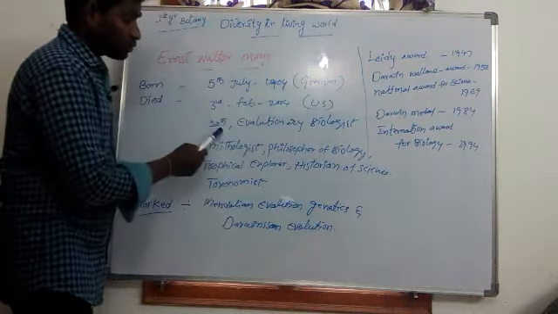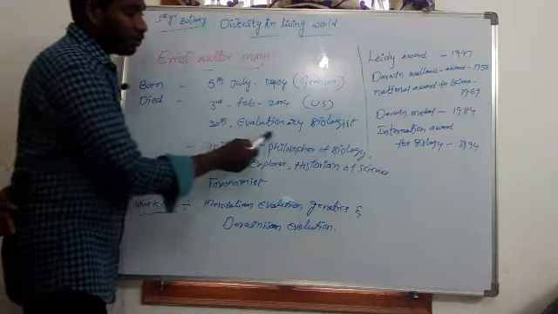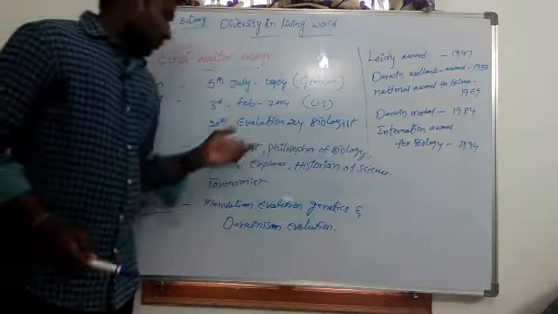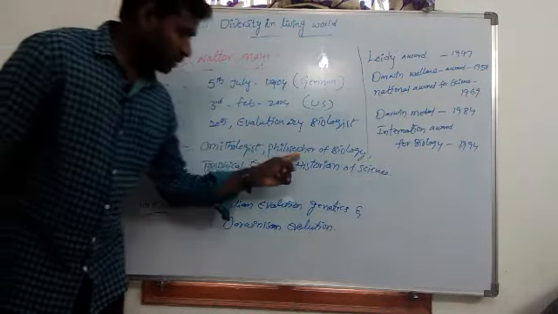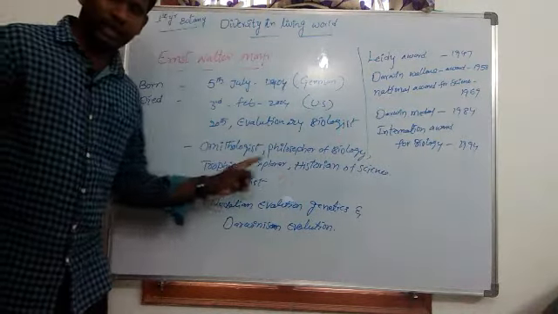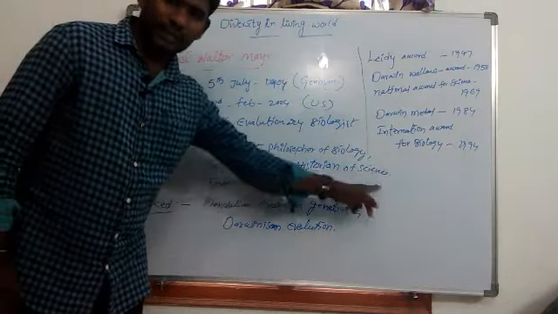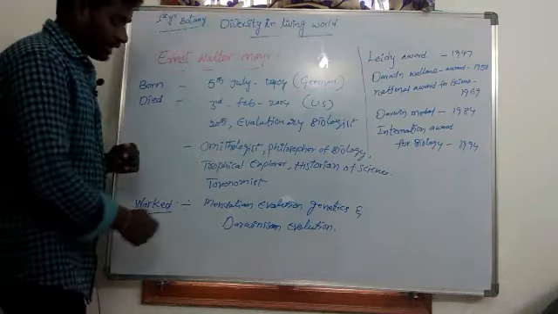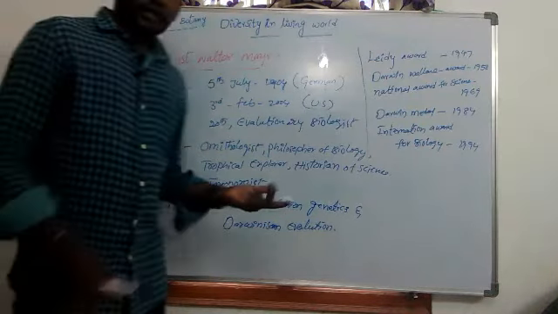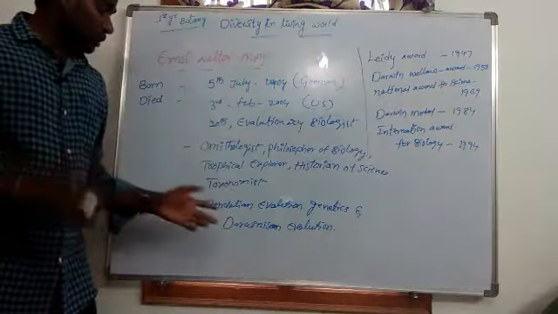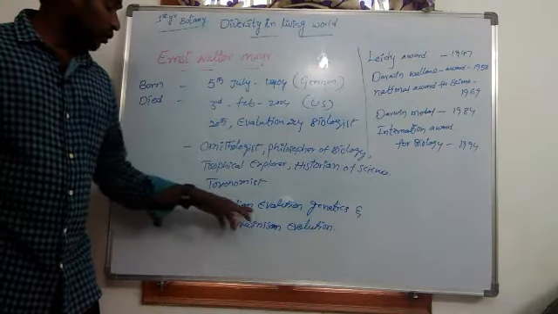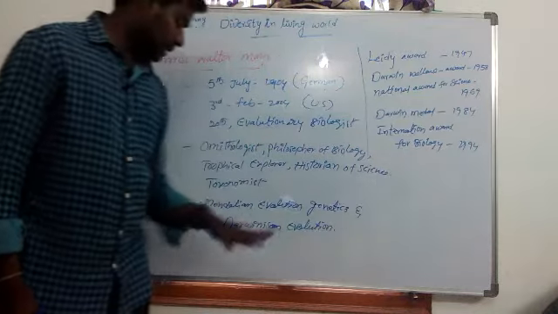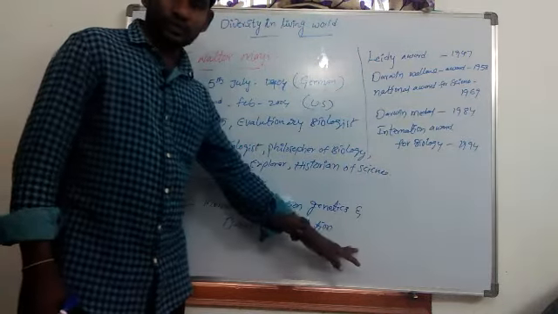He was a 20th century evolutionary biologist, also an ornithologist, philosopher of biology, tropical explorer, historian of science, and taxonomist, and he worked on the revolution of Mendelian genetics and Darwinian evolution.